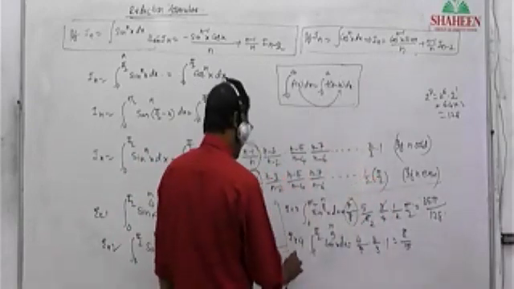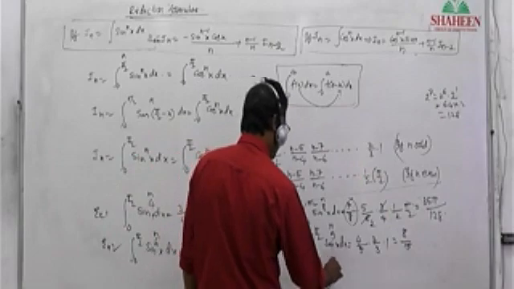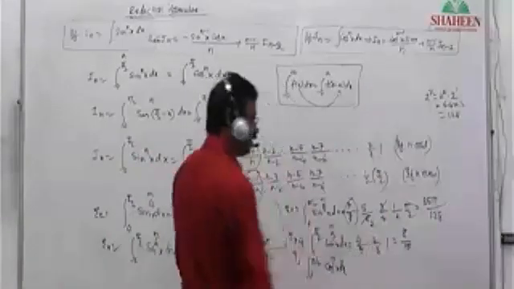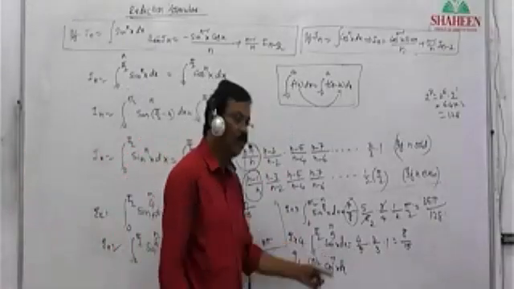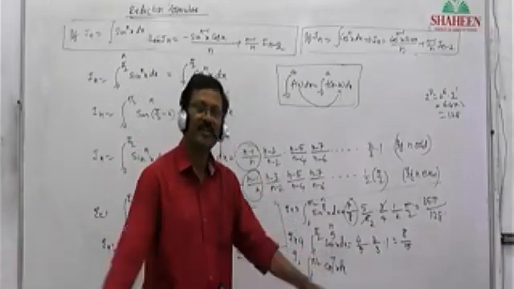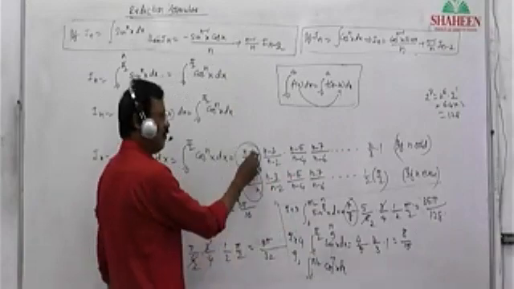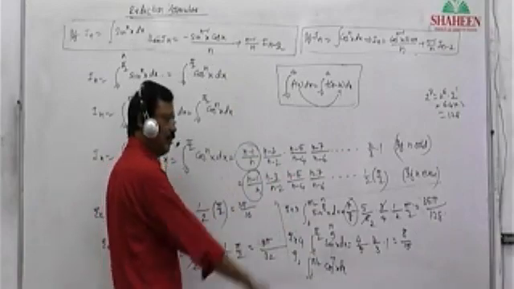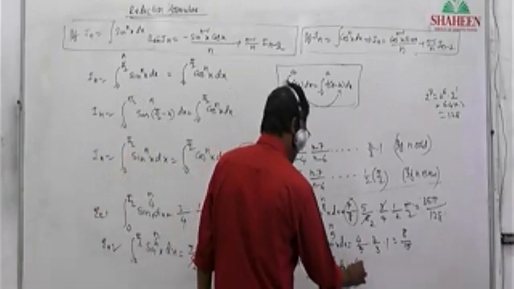In the same way, integral 0 to pi by 2 of cos power 7x dx. Here also n is odd. The last number will be 2 by 3. You never get 1 by 2 as the last number. What do we remember? First number n minus 1 by n: 7 minus 1, 6 by 7.